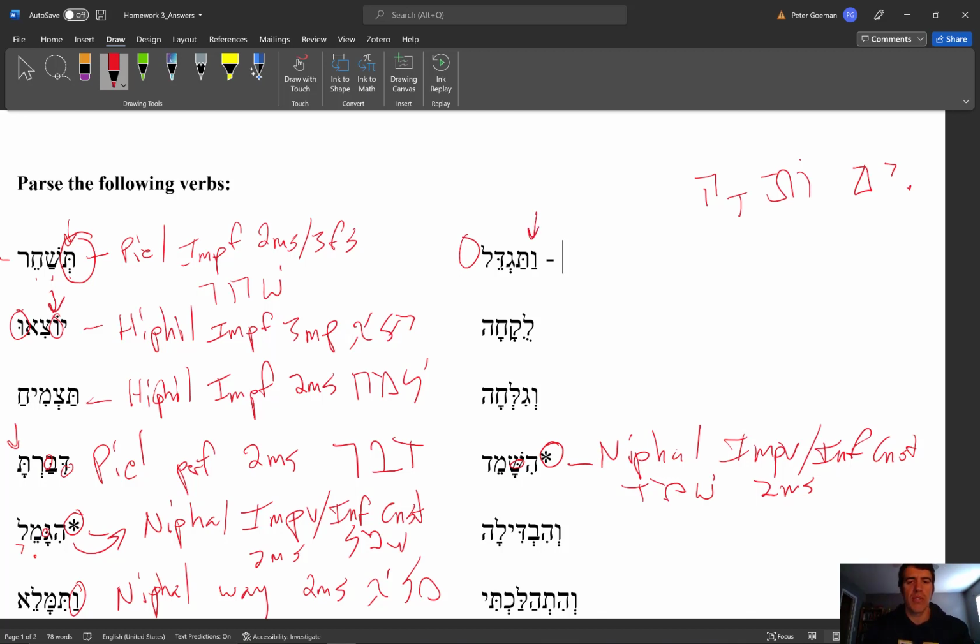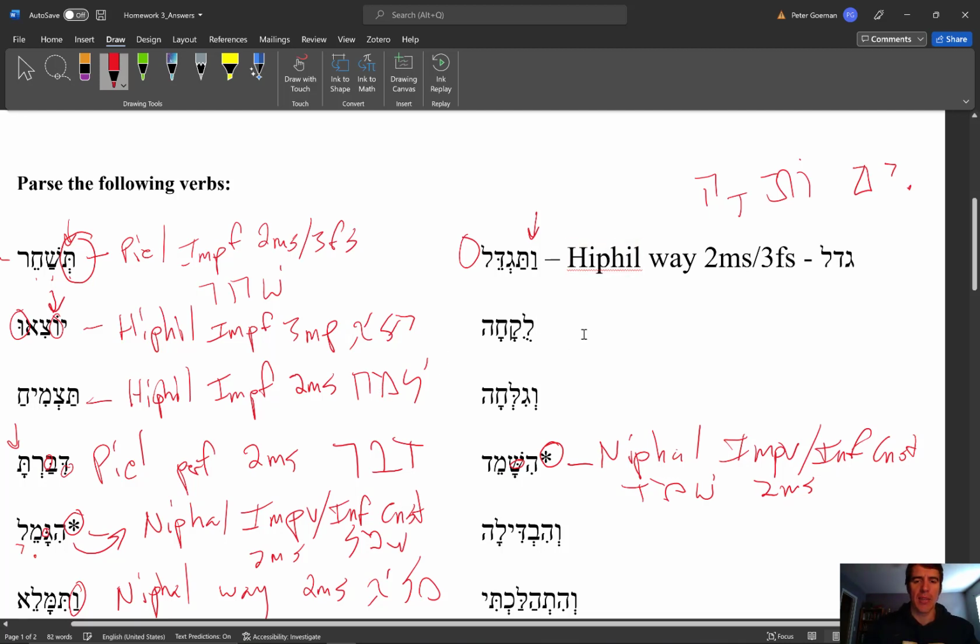That means we're dealing with a vayiktol. We go through the color system. So red, purple, green. That is a hifil. And then it's a vayiktol, and it's a 2ms, 3fs. This is much better. And then gadal is the root. Look at that. I saved my hand much better. Okay, so it's just an awkward position to write. Allow me to complain to you.